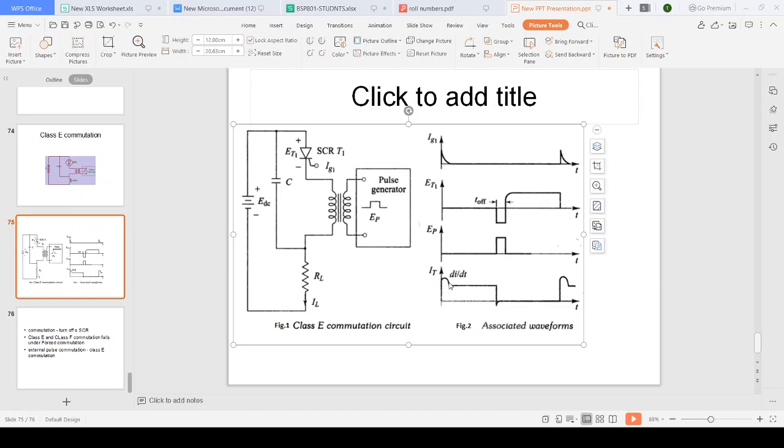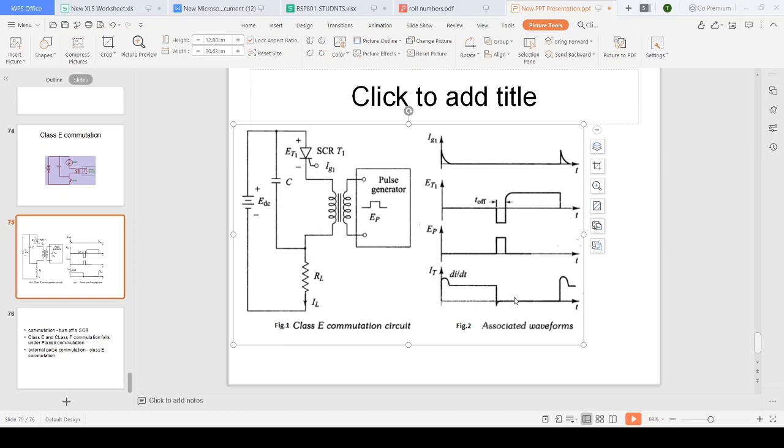After some time, when T off is applied, or when ET1 is applied, EP is nothing but the pulse signal. When this pulse is applied, you can observe that the value of current IT is 0. So the SCR T1 will turn off.